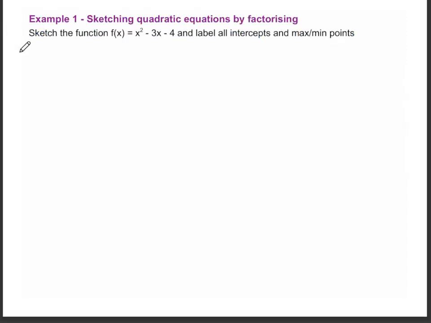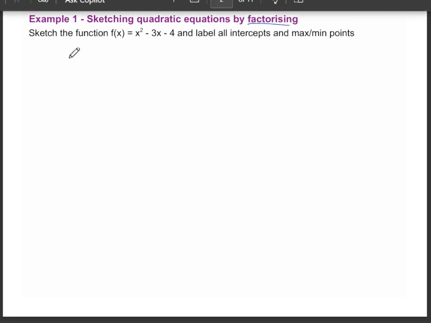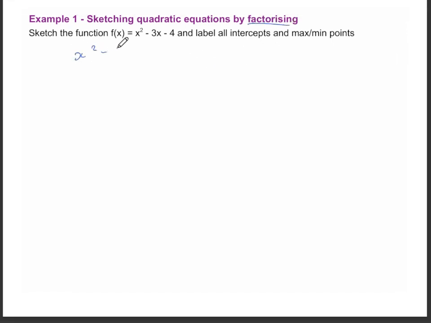Now, let's do some examples of how exactly we would get those sketches, right? So firstly, by factorizing, we start off with our original equation, x squared minus 3x minus 4, and we know the shape of the curve, right? It's going to be a positive quadratic because the a here is positive 1, which means it's going to be a u-shaped curve.